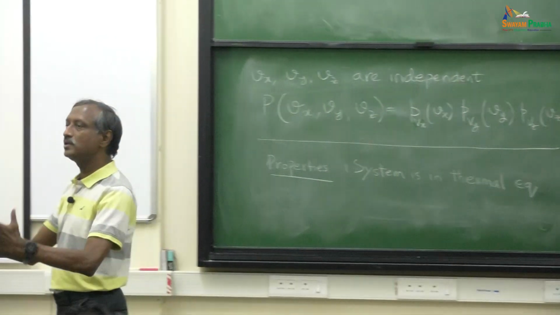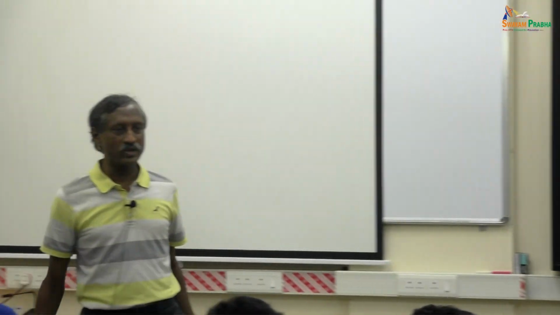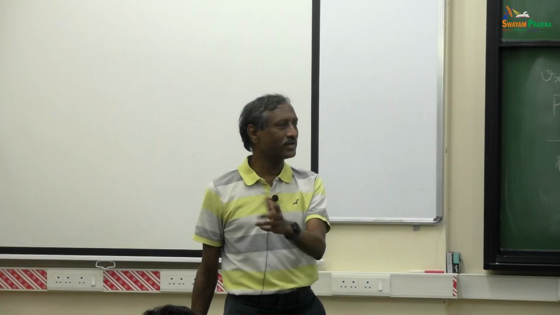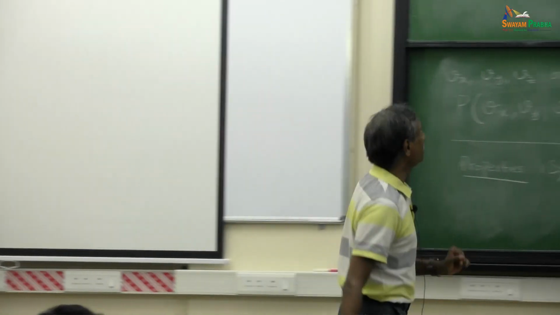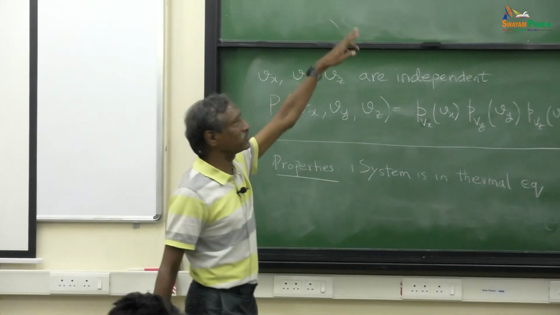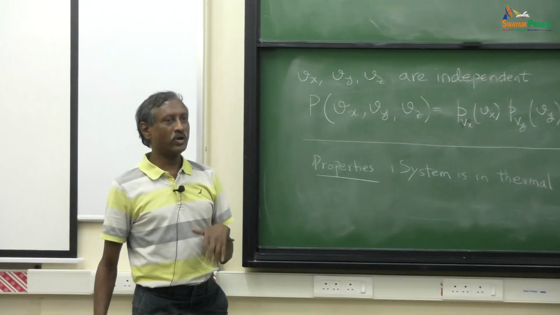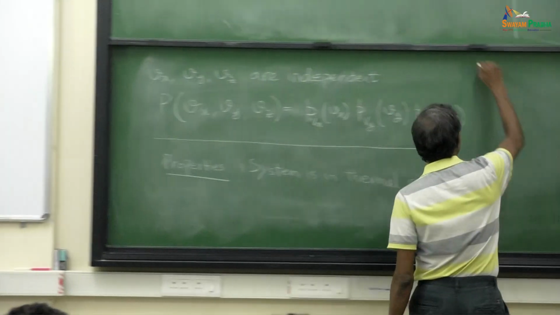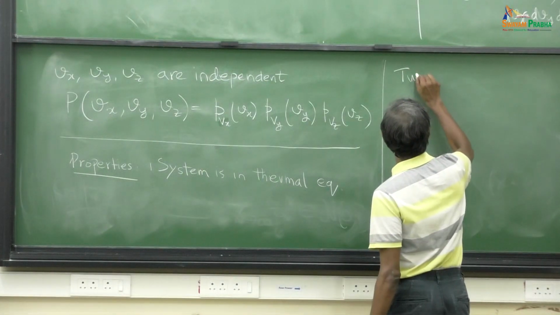So what does it mean that the system is in thermal equilibrium? One way of saying it is that this probability doesn't change with time. But I'll make a slightly different statement. I started off by saying what is the velocity of a tagged particle, but no particle is special. If I'm doing averages, there are two kinds of averages.